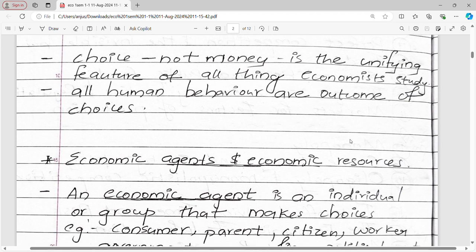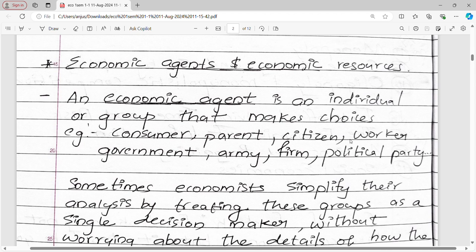Next is economic agents and economic resources. An economic agent is an individual or group that makes choices. For example, a consumer chooses to eat a bhatura or a dosa. It is his choice.